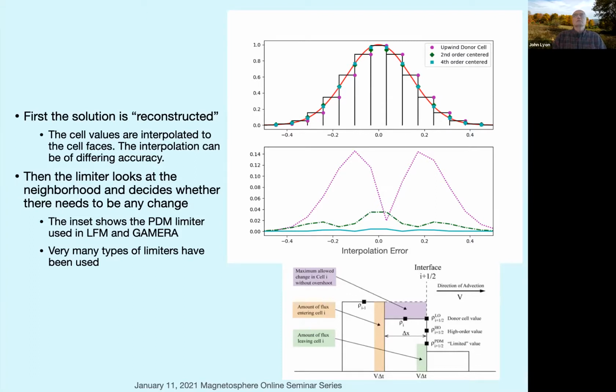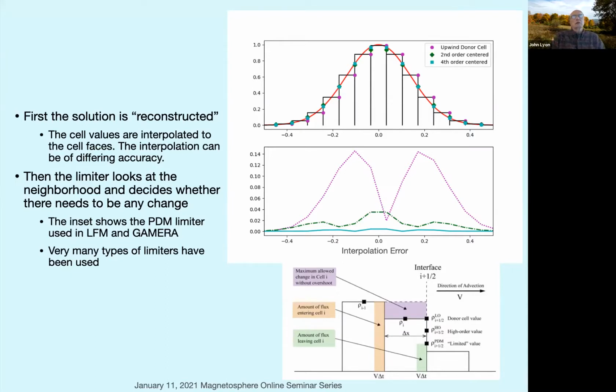And then you can also try doing a second order, which is basically a linear interpolation between cell centers, or a fourth order scheme. And below, you can see the error that you get between the real solution and what your numerical method is giving you. And you can see that the numerical error goes down rather rapidly as you go to higher and higher orders.